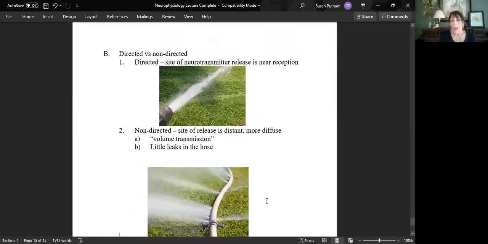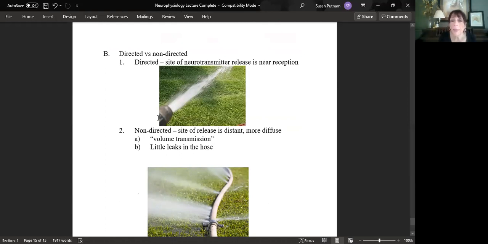There are two different types of release, or how the site is set up. We think very often of that typical textbook neuron: the axon comes down, and the terminal button releases neurotransmitter right here.